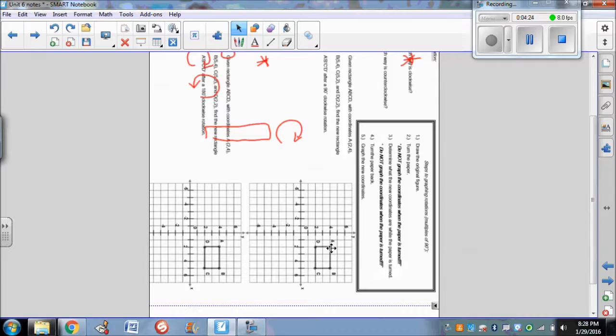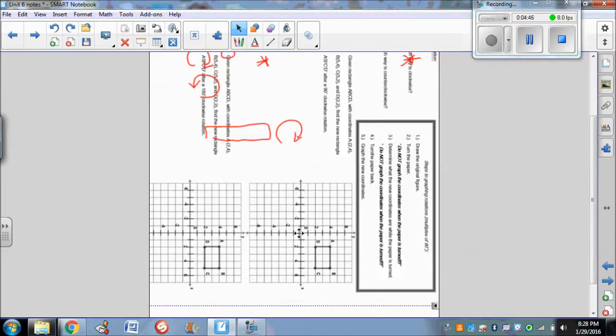Write it on your scrap piece of paper, because then when we turn the paper back, we're going to write it on our notes. So what would B be? B would be 4 to the right and 5 down. So B prime, on your scrap paper, is 4, -5.